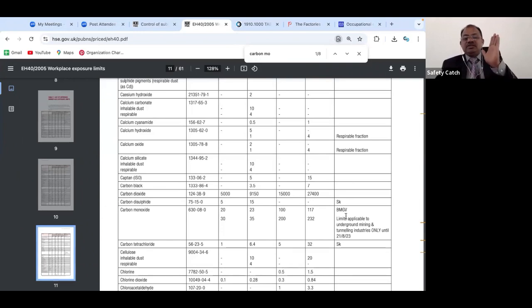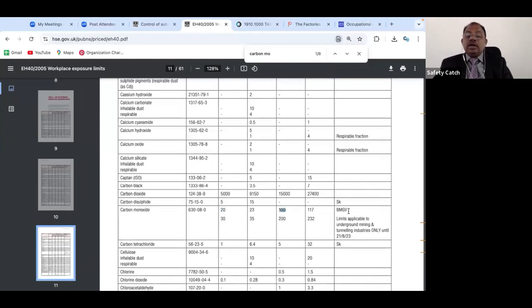Okay? So let us not discuss this too much, let us only discuss the first value. You got the point? So here conditions are set. You can see the conditions. Here 20 ppm for 8-hour TWA, which is 23 milligram per meter cube, and 100 ppm for STEL. STEL is 100 ppm.